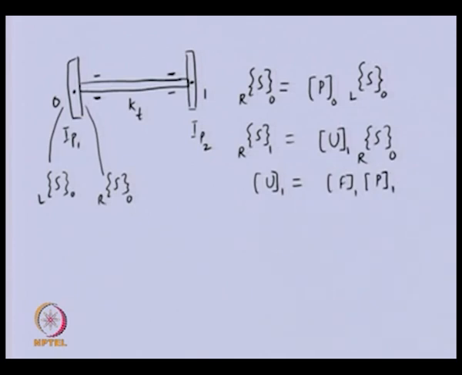So you can see that this ordering is very important. Let us see again, for clarity, how we obtain it. Basically we first need to obtain the state vector left of 1 from the state vector right of 0. So the state vector left of 1 is this one. If we want to transfer the information of the state vector from here to here, there is a shaft, so correspondingly we need to multiply by the field matrix.